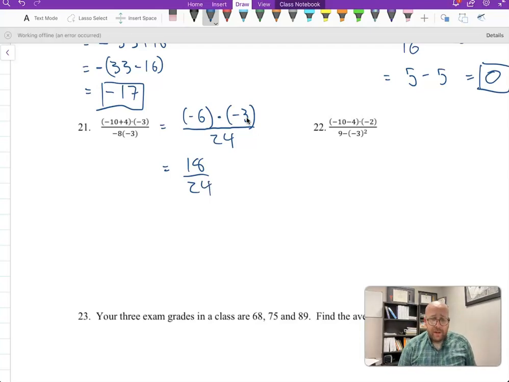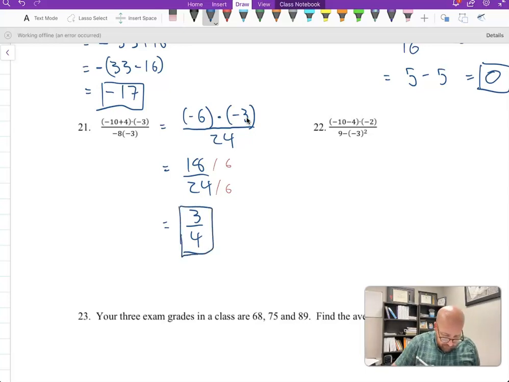We have positive 18 over 24. This is a fraction. Can we simplify? We can divide both 18 and 24 by 6. So that gives us 3 over 4, or 3/4. And that is our final answer.